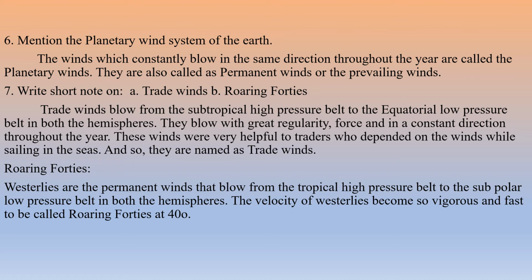In that line where the 40th degree is starting, in that place this westerlies wind will be very vigorous and fast, and it will be moving like a roaring lion. That's why it has been given the name roaring 40s at 40th degree.